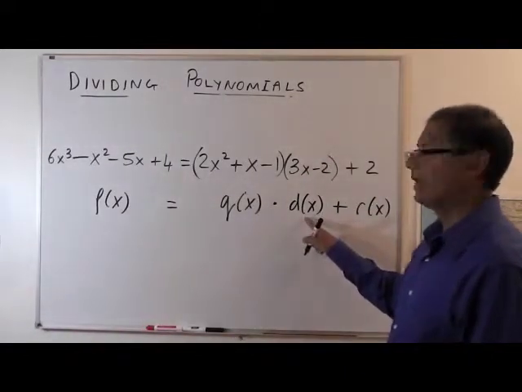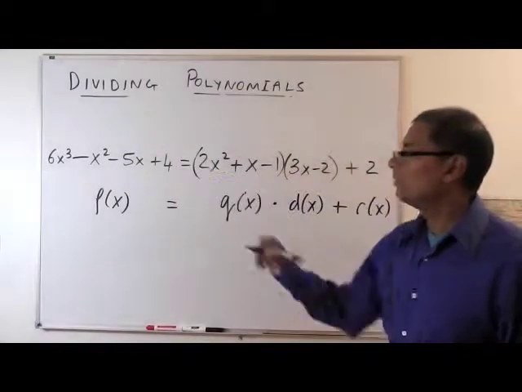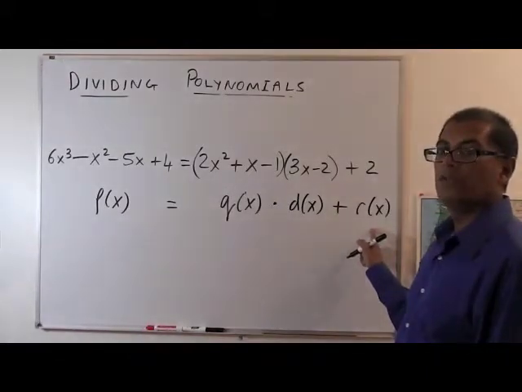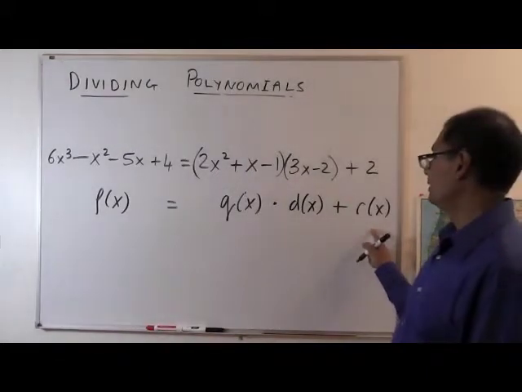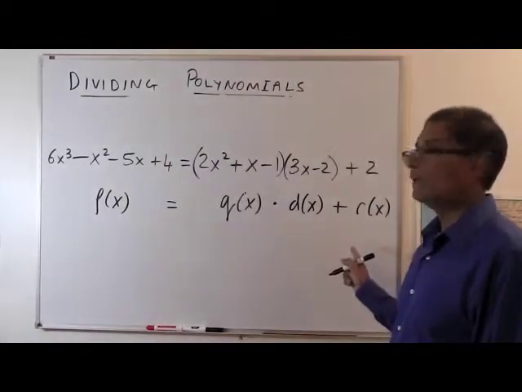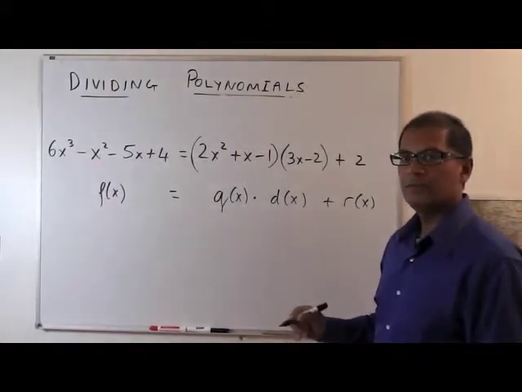Now, what if my divisor, 3x minus 2, were a factor of my polynomial? Then we wouldn't get a remainder. And we'll see that as we go on, that's what we're looking for. When we divide by a factor, we don't get any remainders. Now, this type of long division sometimes can be cumbersome.